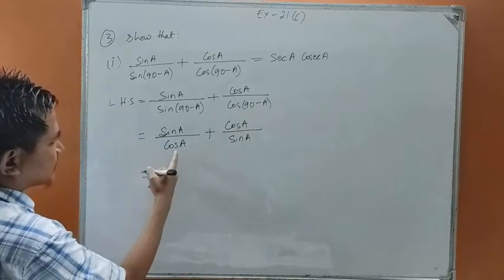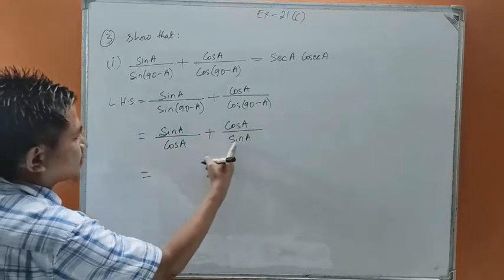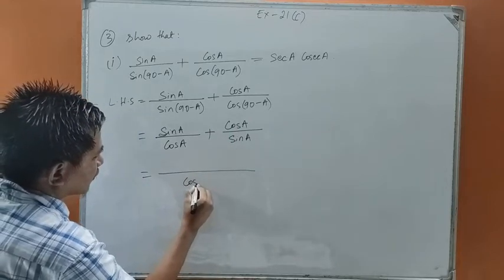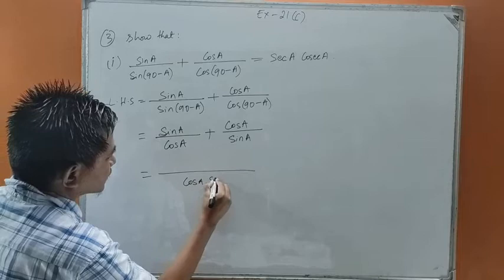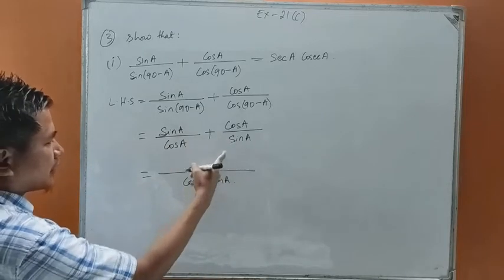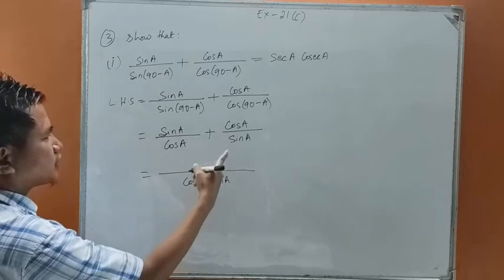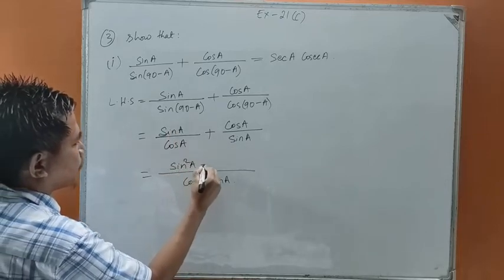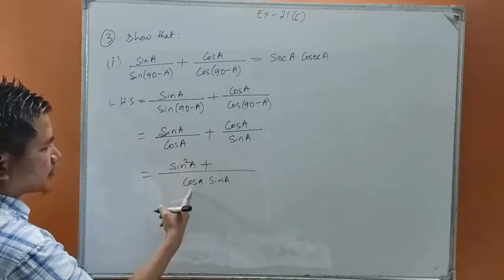So let's take the LCM of the denominator, cos a and sin a. The LCM will be cos a into sin a, isn't it? So now cos a into sin a gives us this number, cos a sin a. So sin a into sin a, sin square a, plus sin a into cos a gives us this number.